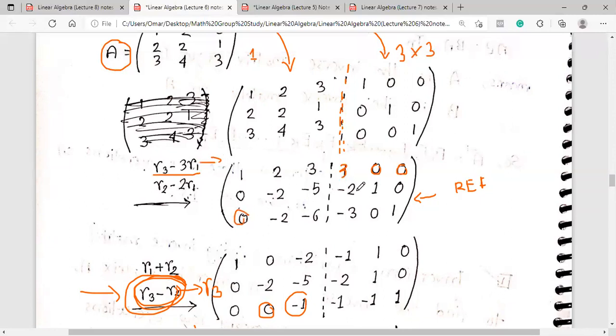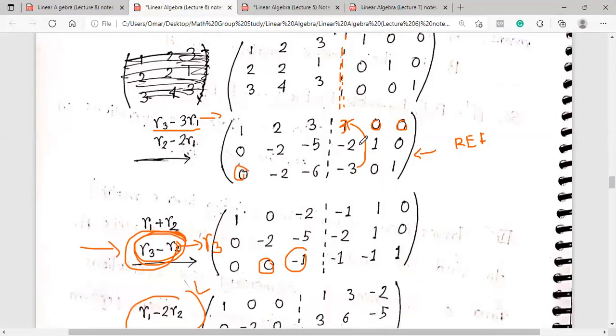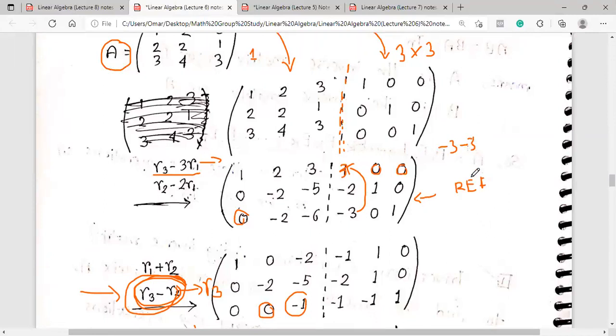That means minus 3, minus 3, minus 6, minus 2 minus 3, minus 5.